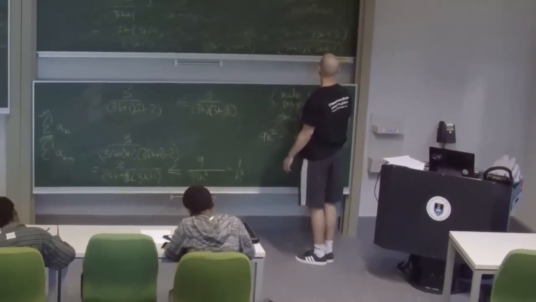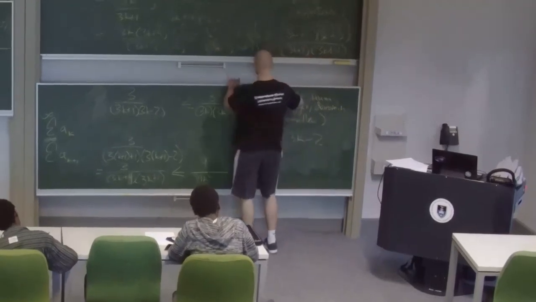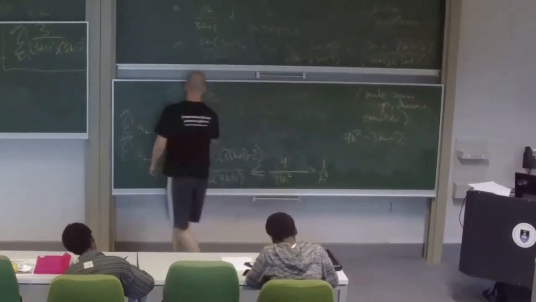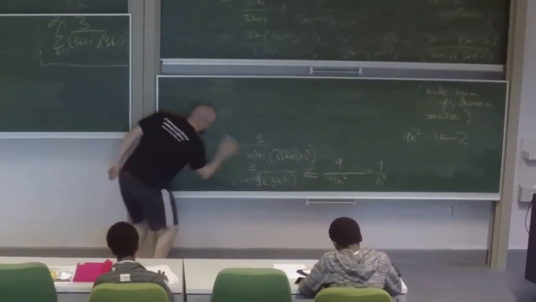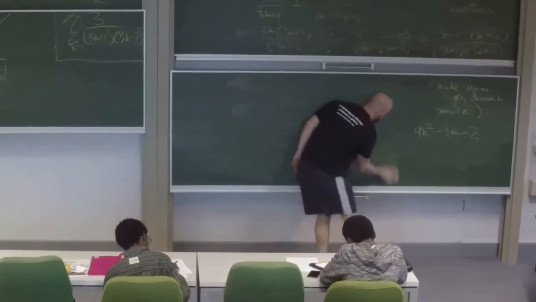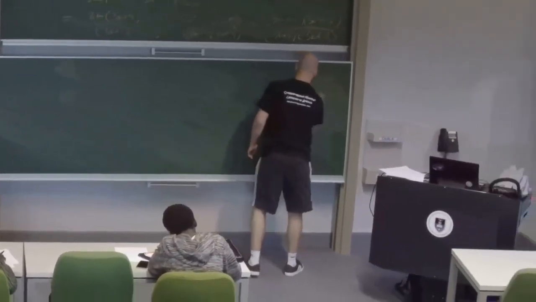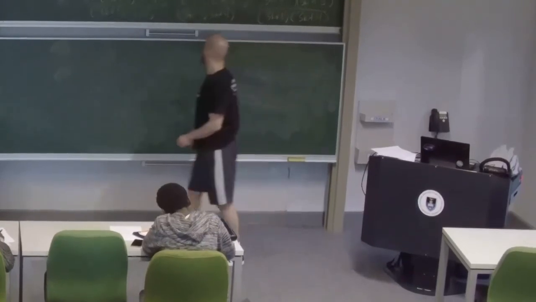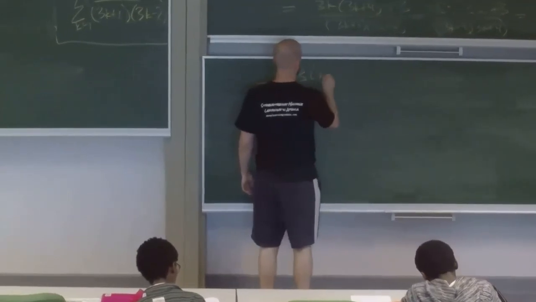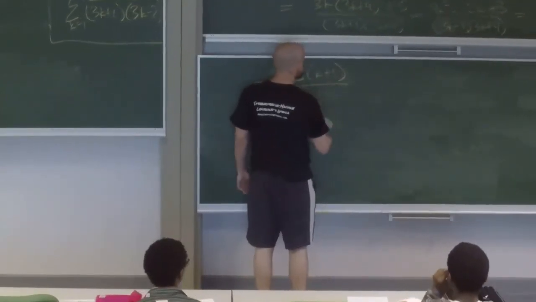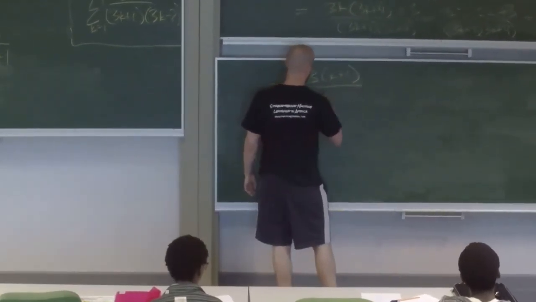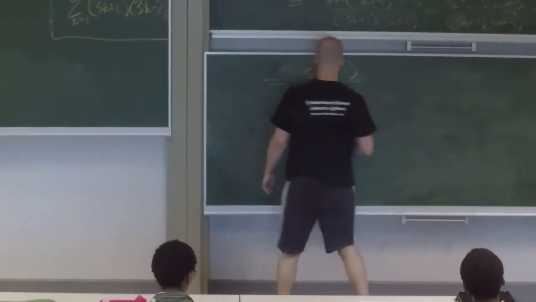Okay, so that's nice. Things are canceling a bit, and now we're basically done. We cancel the factors, and we have 3 times (k plus 1) over 3k plus 4, which I'm going to write in a very specific way: 3 times (k plus 1) plus 1.